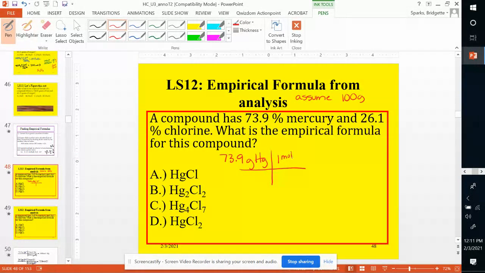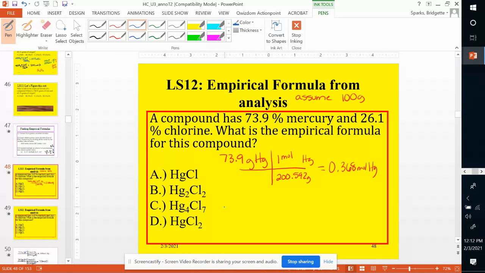1 mole of mercury has a mass of 200.592 grams. And I would do the same for my chlorine. Well, with a 73.9 gram sample divided by 200.59, we see that we have 0.368 moles of mercury. And now I'm going to do that for my chlorine.